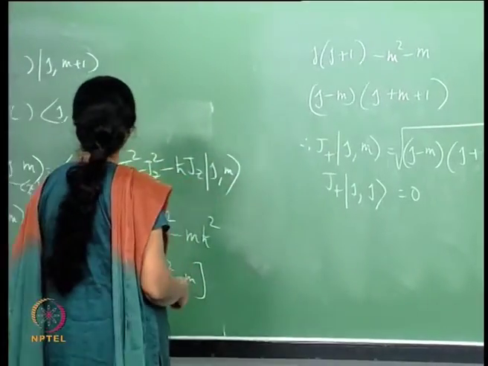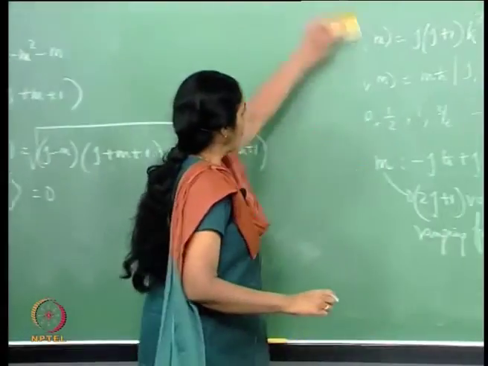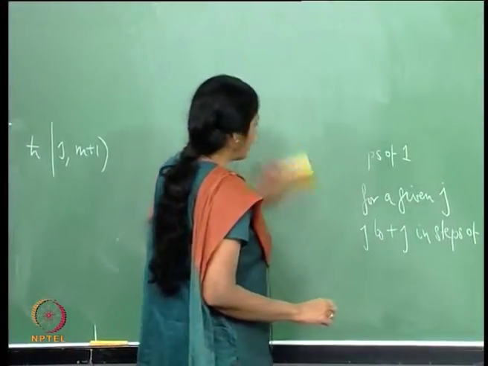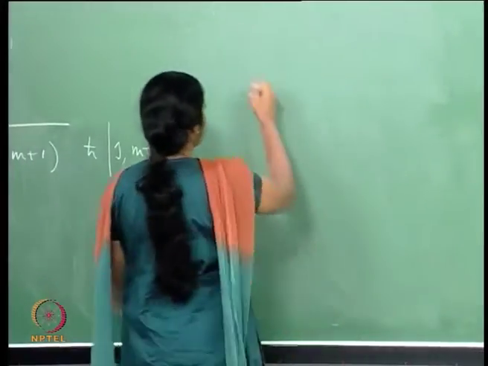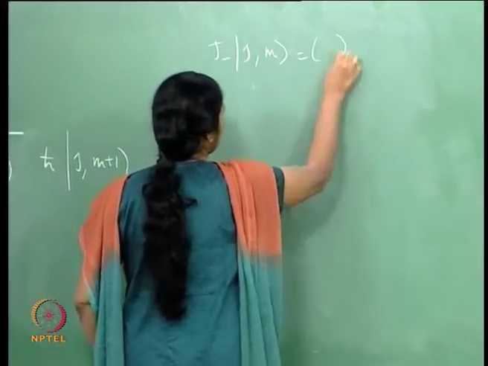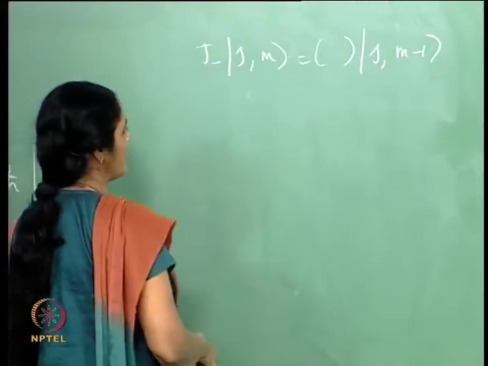Similarly, I can find out the effect of J₋ acting on |j,m⟩. Quite apart from taking this state to the state |j, m−1⟩, what is the constant that multiplies it? Some number. So I need to find this number.